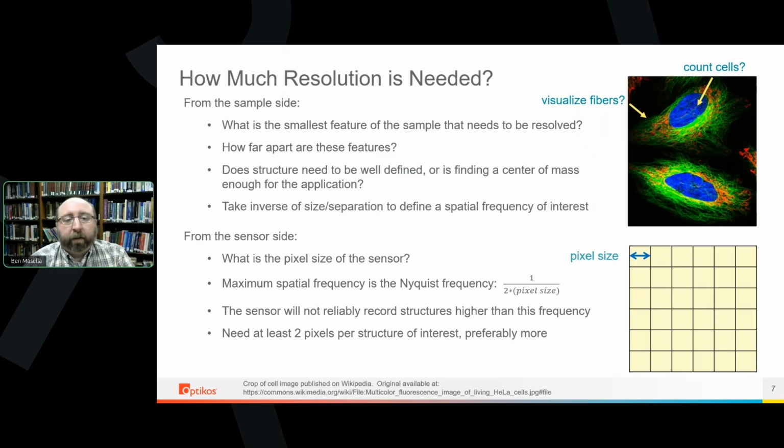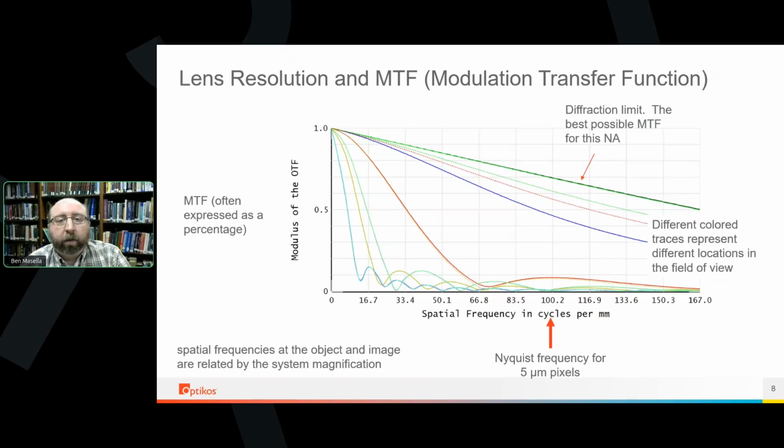Now, once you have either a frequency of interest or highest frequency of interest calculated either from the sample or from your sensor, then we can look at the lens performance across spatial frequency in terms of what we call the modulation transfer function. So the MTF of the system for an optical system is really a measure of how well the system transfers contrast from the object to the image.